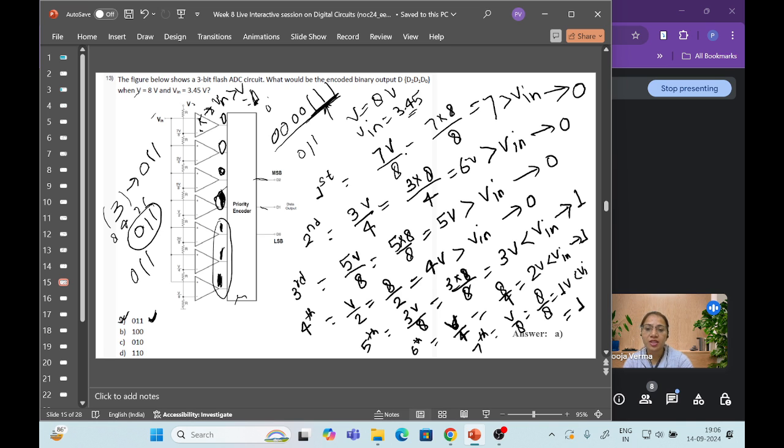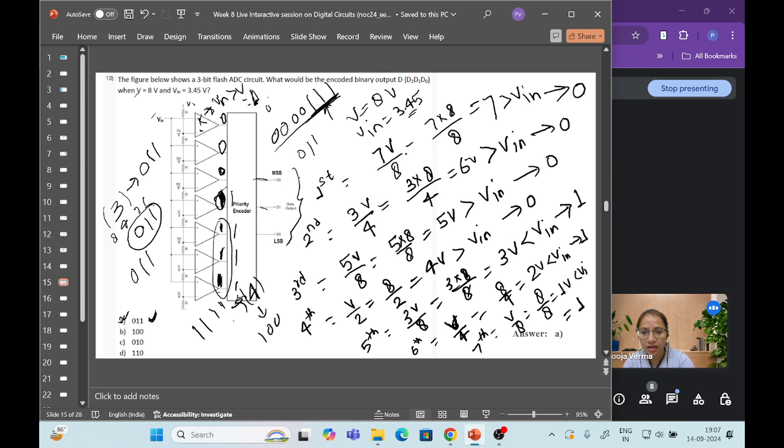For example, if I say that four inputs are high, what will be the binary equivalent? That is 1, 0, 0, because here we can produce only three outputs.